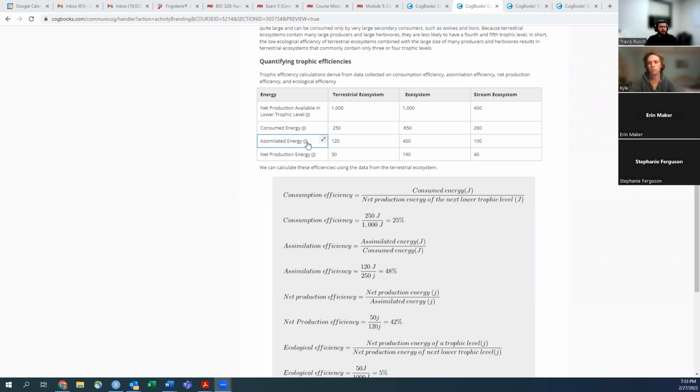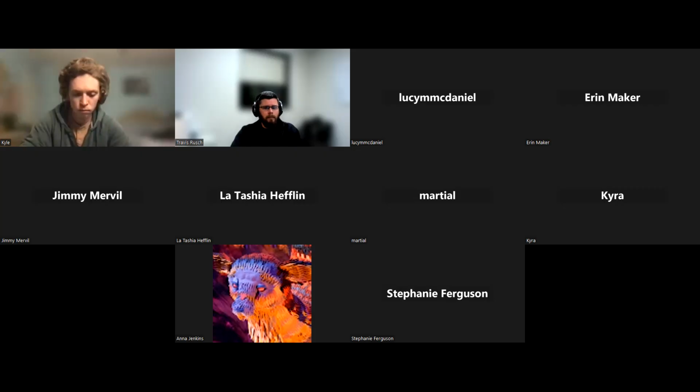It might ask you what is the assimilation efficiency, so you have to know how far into the table you have to go to get that answer. But yes, you'll get a data table that looks very similar to this, and then you have to know which calculation to use. That's why I allow the note card, so you can have the formulas on there, but you still have to know how to apply them and how to plug the numbers in. Okay, all right, thank you.